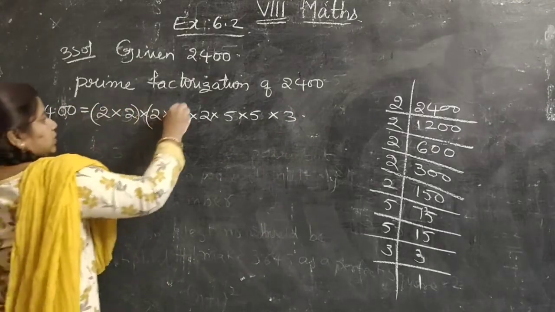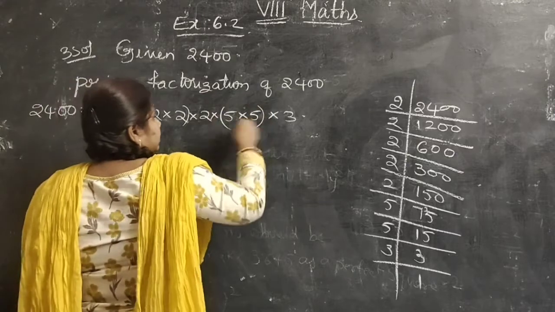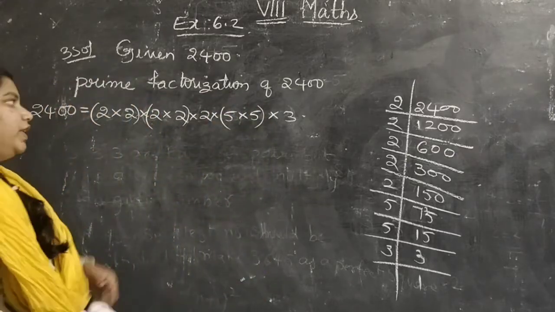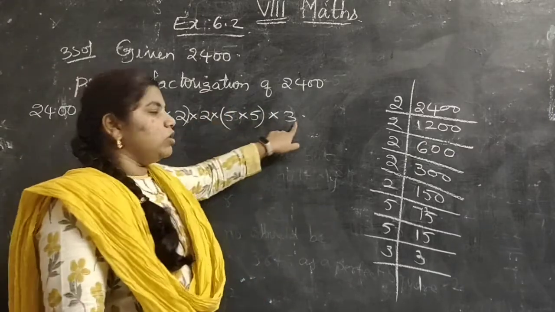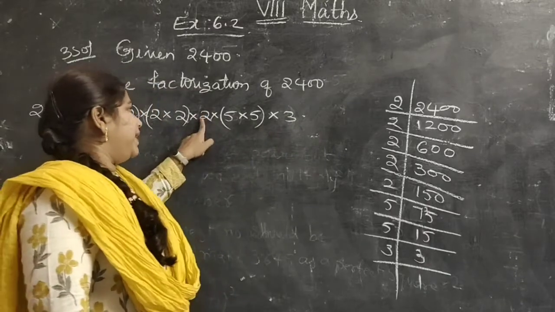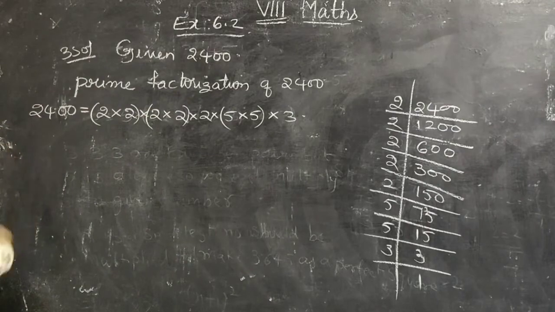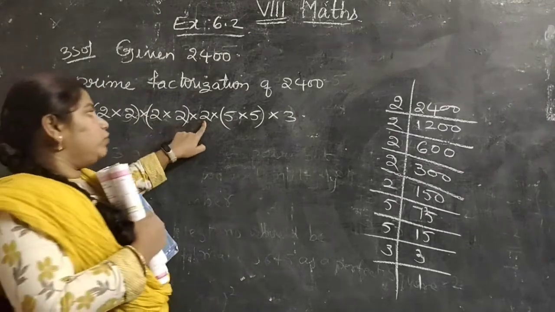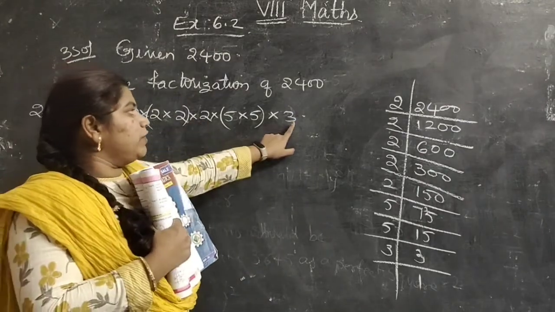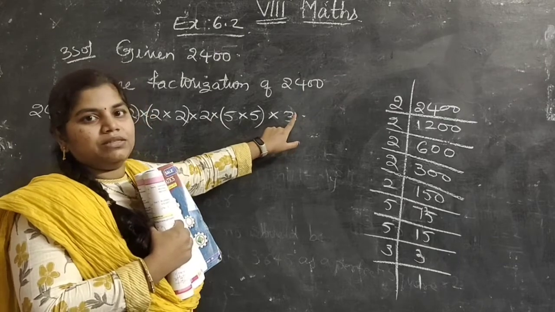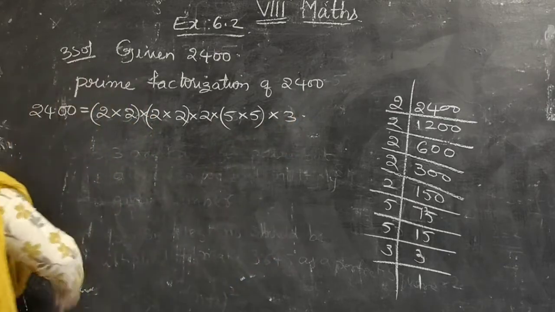First pair, second pair, third pair. So we have 2 as alone and 3 also as alone. We have to pair these two values. So what will we write here? We have to multiply another 2 to make this a pair, and also another 3 to make this a pair.